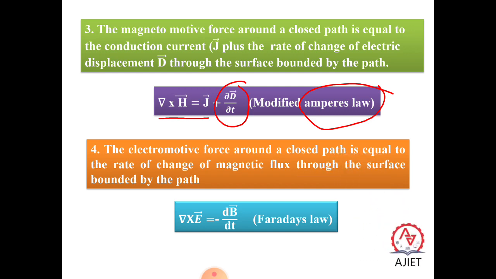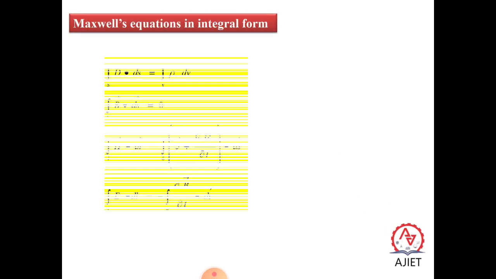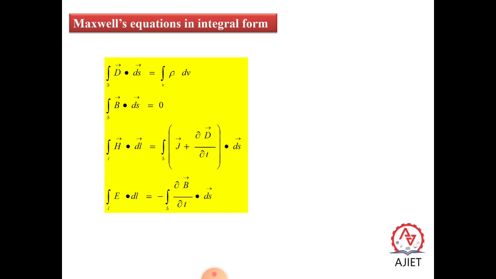Okay, the last one to discuss is the integral form of Maxwell's equations. The integral form tells you: first, the closed surface integral of D dot dS is equal to the volume integral of rho dV. Second, the closed surface integral of B dot dS is equal to 0.